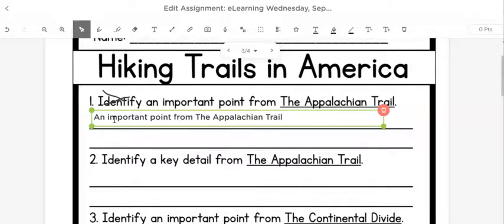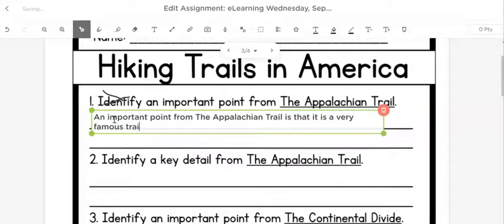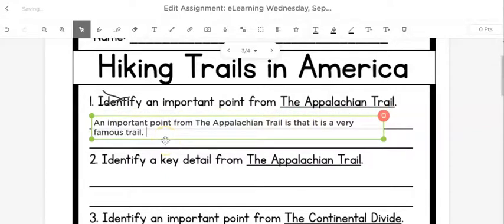An important point from the Appalachian Trail is that it is a very famous trail. You can pause the video now if you need more time to type this out.